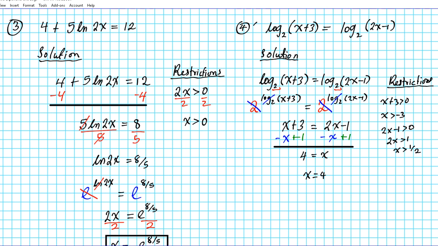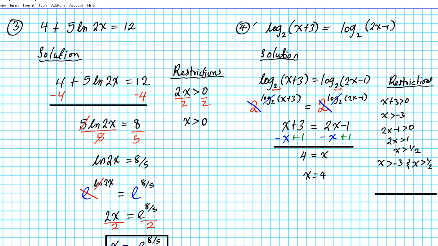Okay, so that's a restriction on our domain right here. What we're looking for is not the union, it's the intersection of these two. So we're looking for any number that is greater than negative 3 and also greater than 1/2. Let's visualize that using a number line real quick.